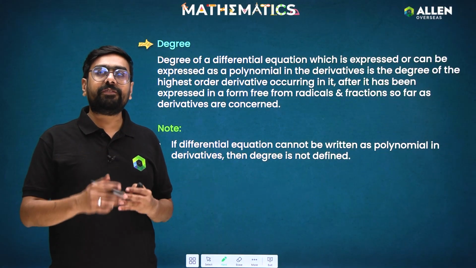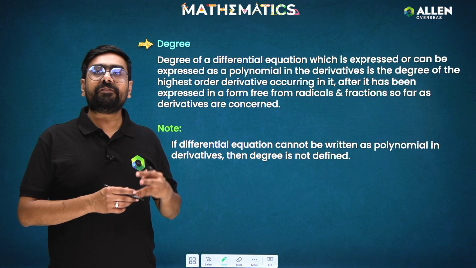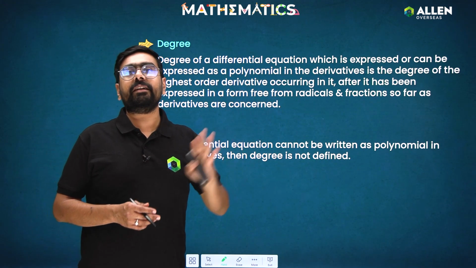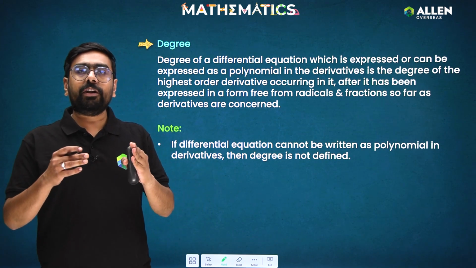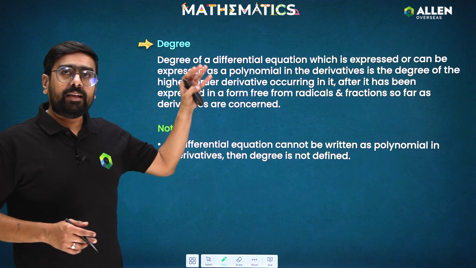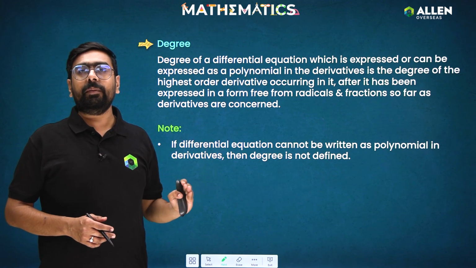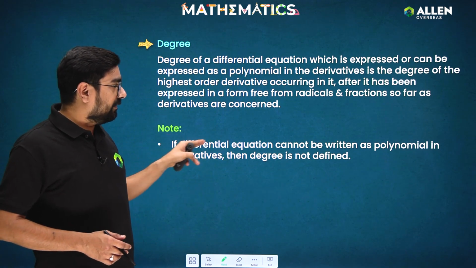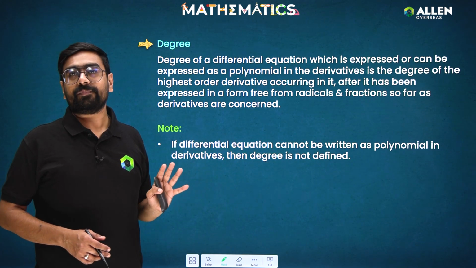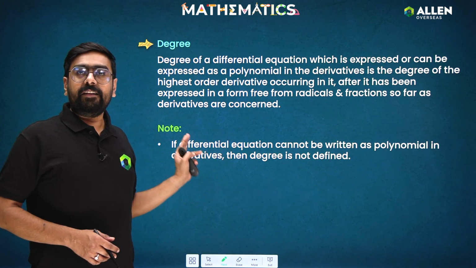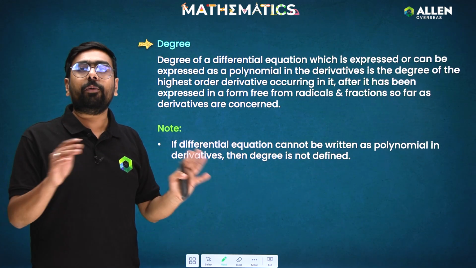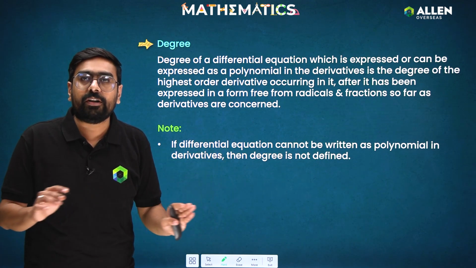Now the degree of a differential equation is defined as the degree of the highest order derivative occurring in it. So basically for degree you should also have order, right? Degree for a differential equation can only be defined when the differential equation can be expressed as a polynomial in derivatives. If it cannot be written as a polynomial in derivatives, then degree is not defined.